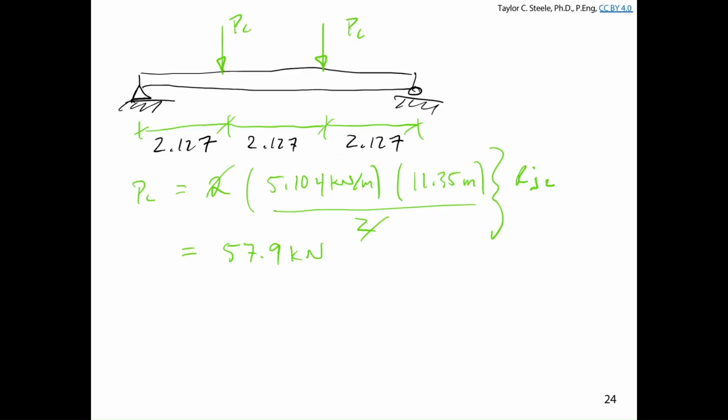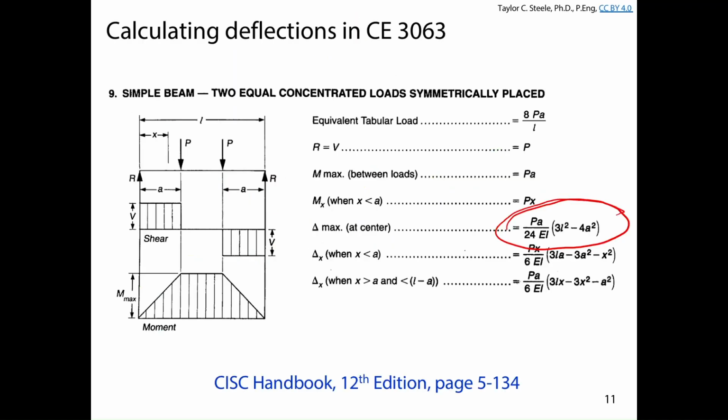Not something we're going to look at right now, but maybe we'll do a quick calculation at the end to see what the influence of that would be. In any case, the live load deflection for this particular girder, if we come back and look at the equation we have, this is a simple one-shot calculation of deflection. So we've got PA over 24EI times 3L squared minus 4A squared.